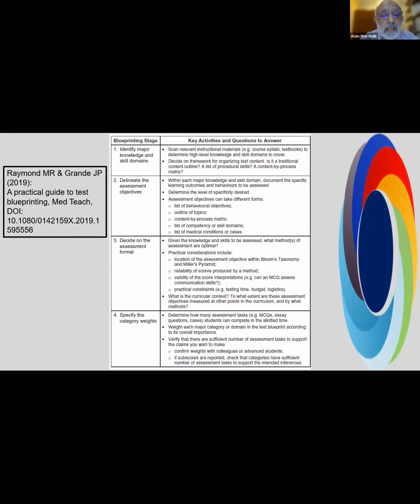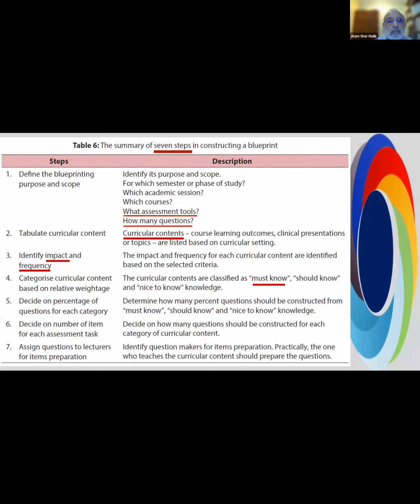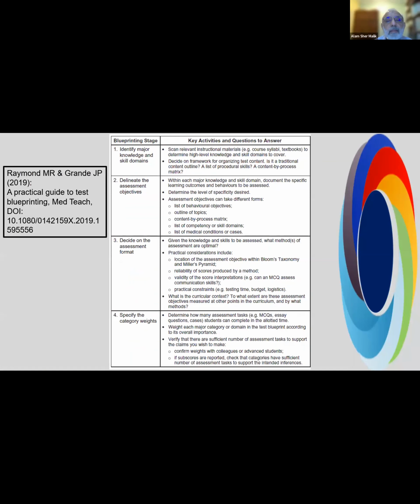This is another way. It's from an article published in Medical Teacher, on the blueprinting stages and the key activities. For example, identifying major knowledge and skills domains, then delineating the assessment objectives, deciding on the assessment format, and specifying the categories.